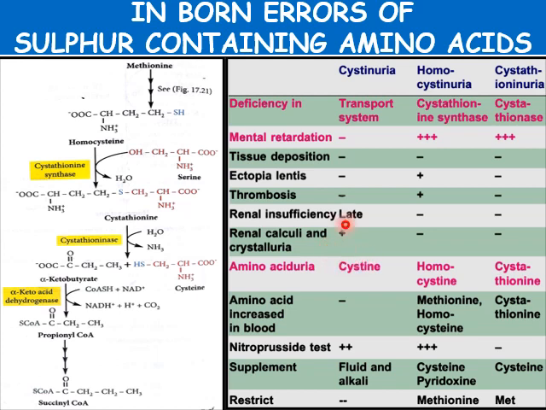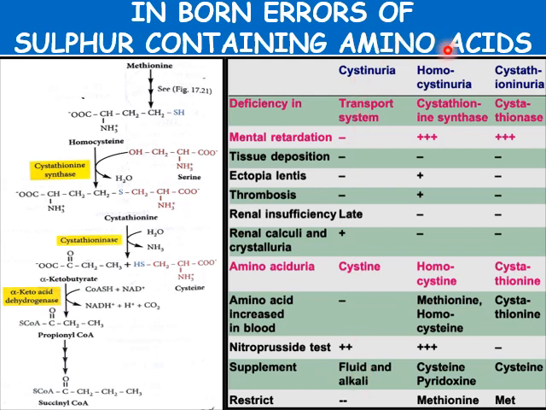Excretion of cysteine occurs in cystinuria, homocysteine in homocystinuria, and cystathionine in cystathioninuria. Cystinuria and homocystinuria give a positive cyanide nitroprusside test, while cystathioninuria gives a negative one. Fluids and alkalization of urine are essential for cystinuria.